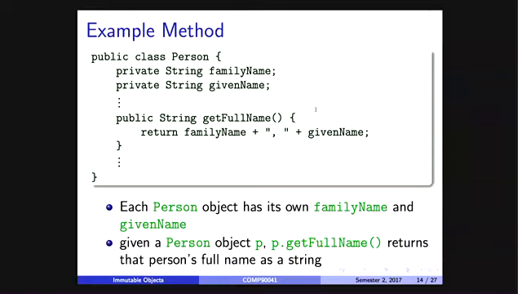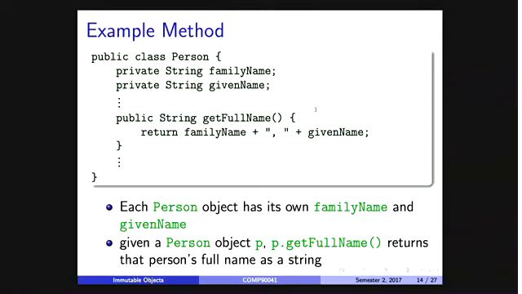So here's an example. Here's our class person, and it has a family name and a given name. And then let's have a method called get full name. So notice open paren, close paren. We don't need to supply anything to get somebody's full name. We just ask the object, give me the full name.